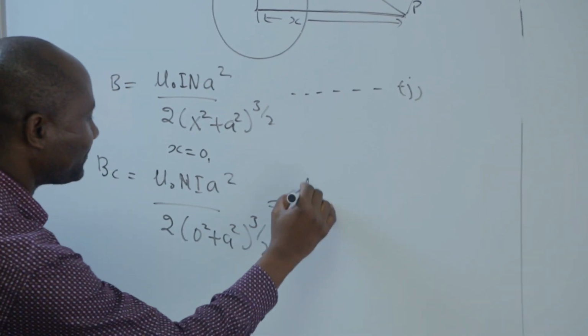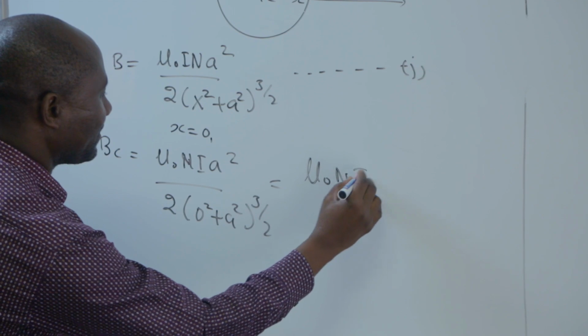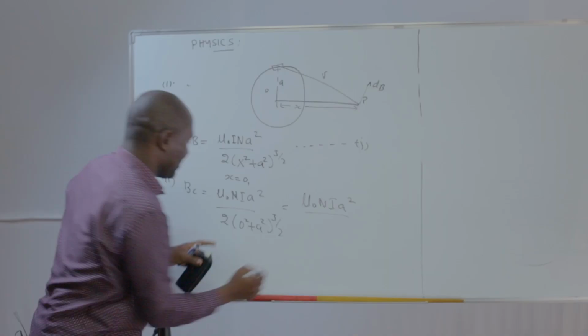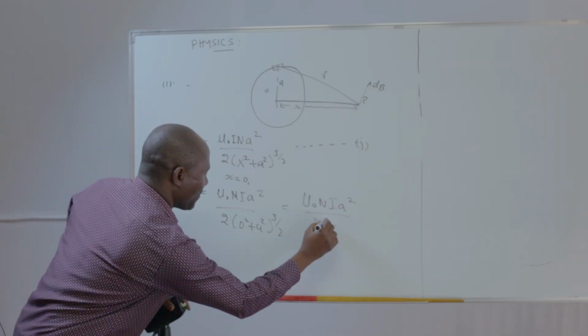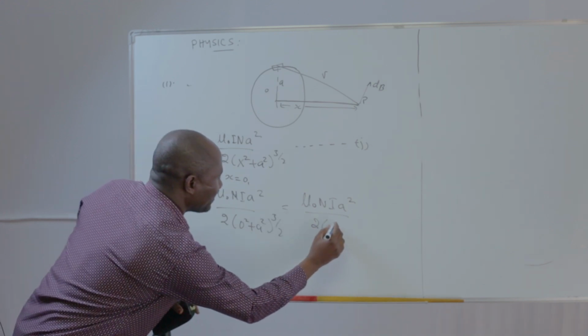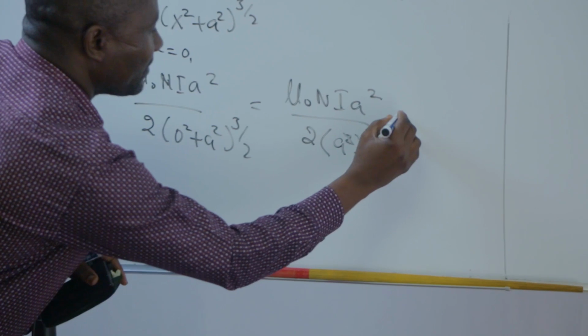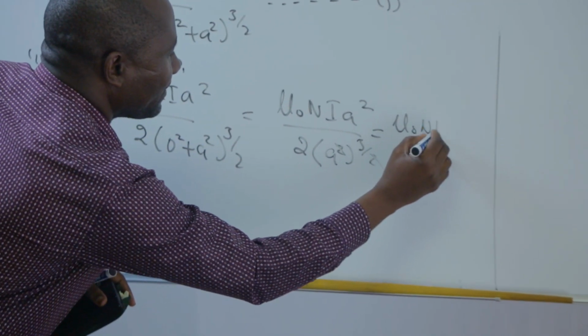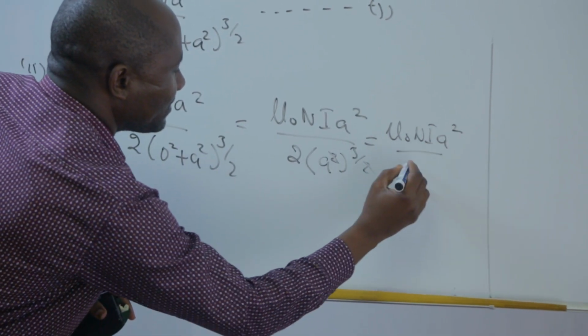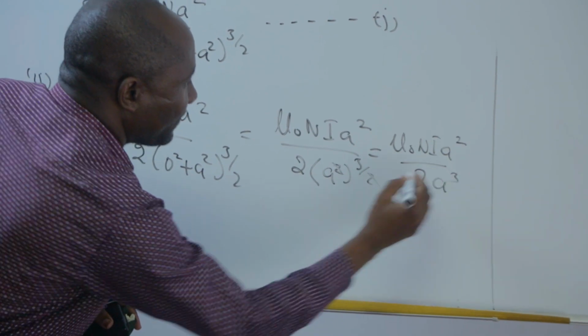You get mu n a squared. This will be 2 a squared to the power 3 over 2. The 2 and 2 cancel out. We have mu n I a squared over 2 a to the power 3.